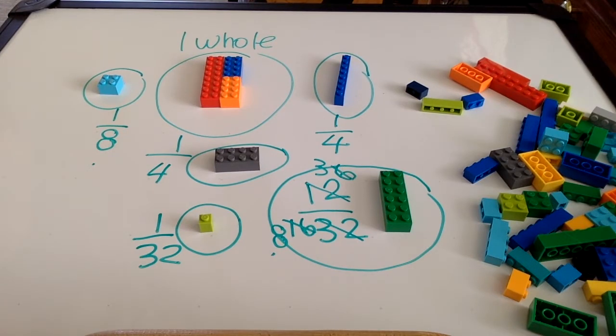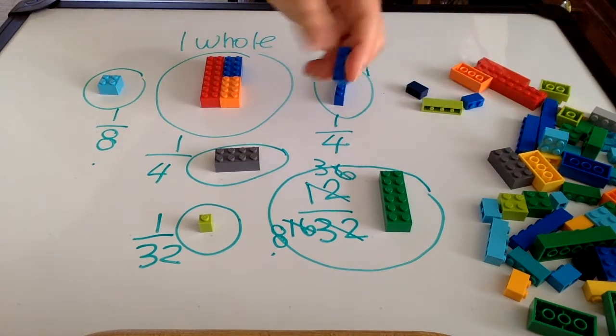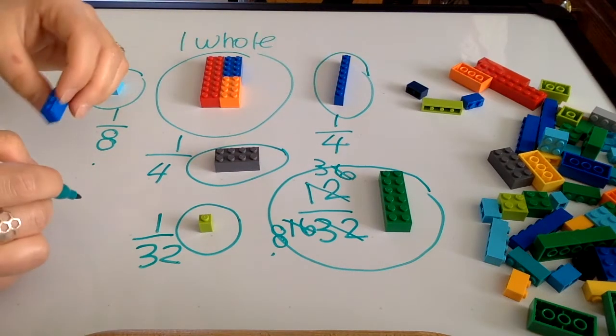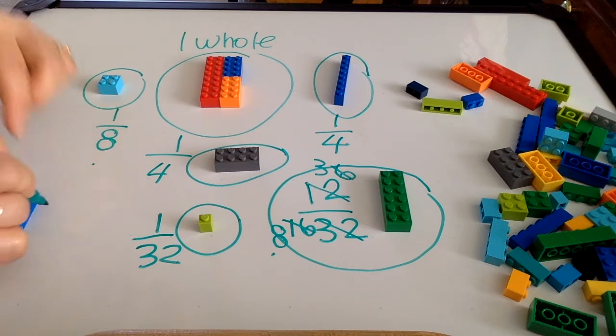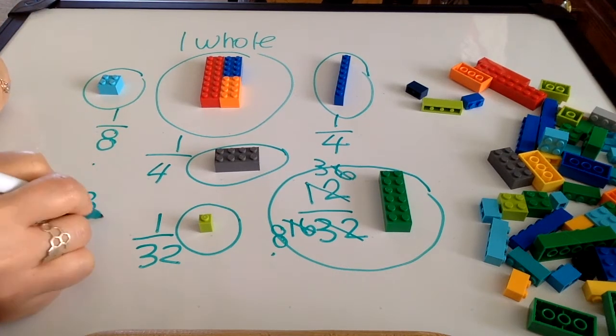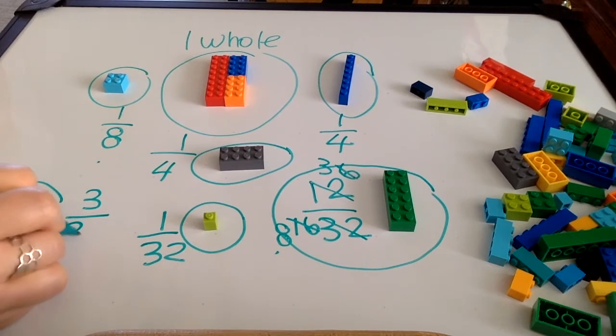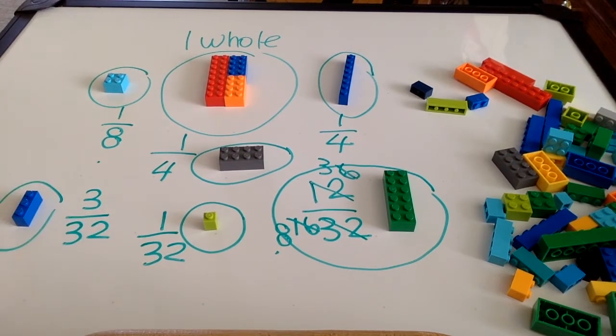What haven't I done? So what about something like this? What would that be? Well, I have 3 dots, and I know that in total I have 32. So right over there, can I divide that by 3? No, I can't.